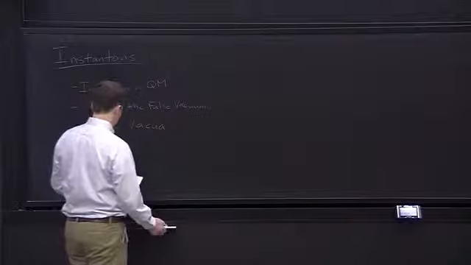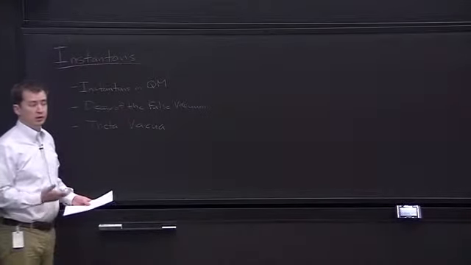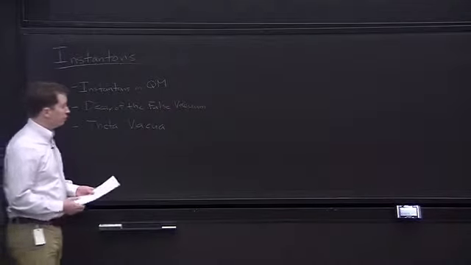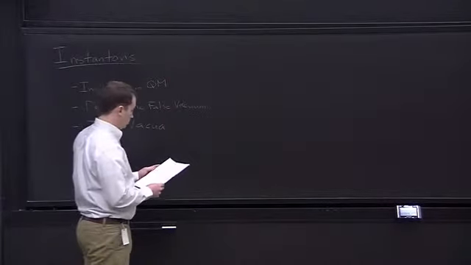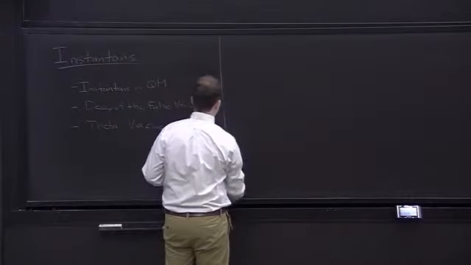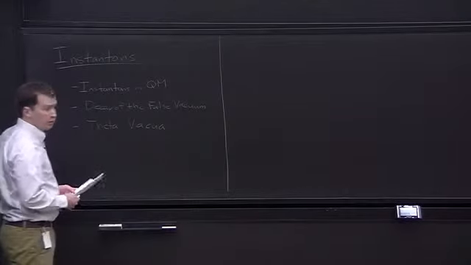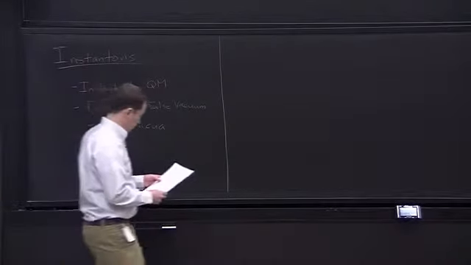So for instance, there's no way in perturbation theory to see an effect that scales like e to the minus 1 over h bar in the semi-classical limit. And so over the next few lectures, we're going to learn how to compute some of these effects.